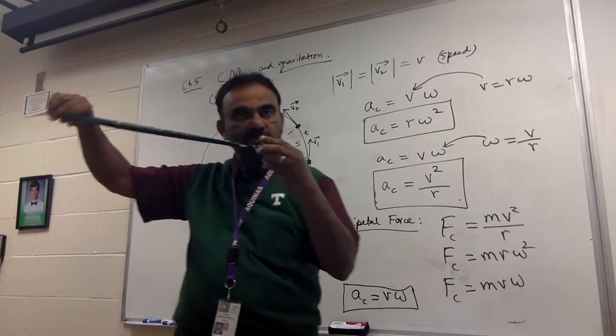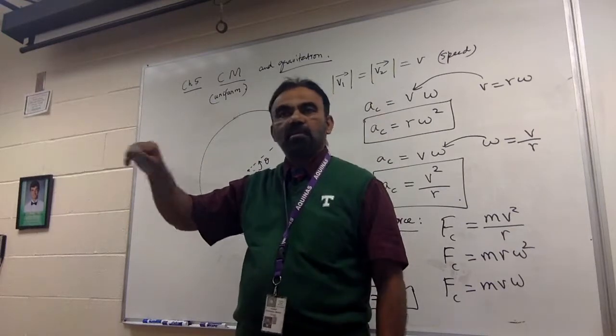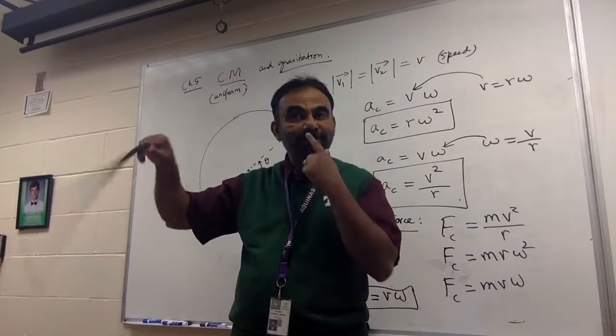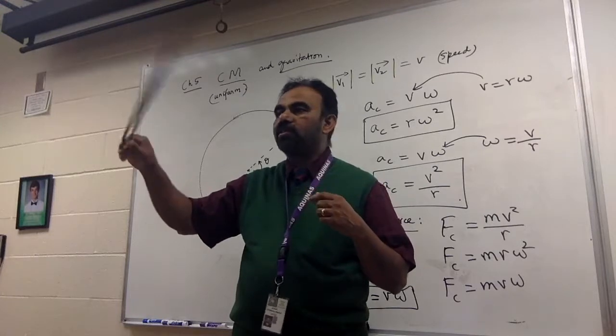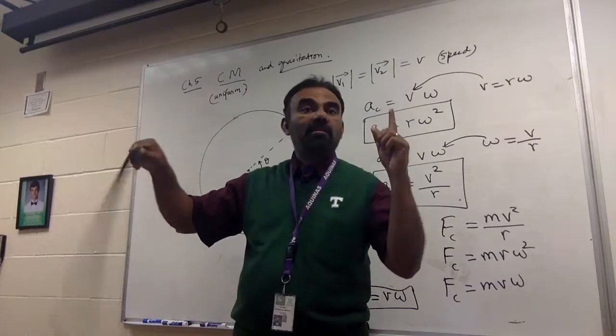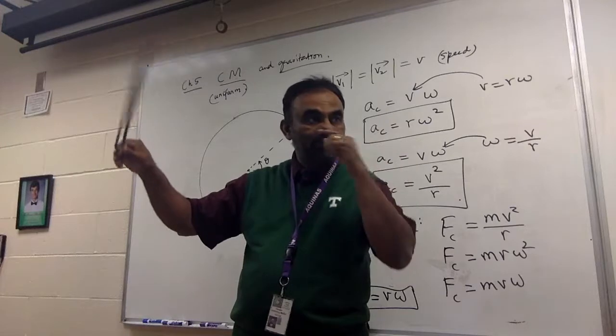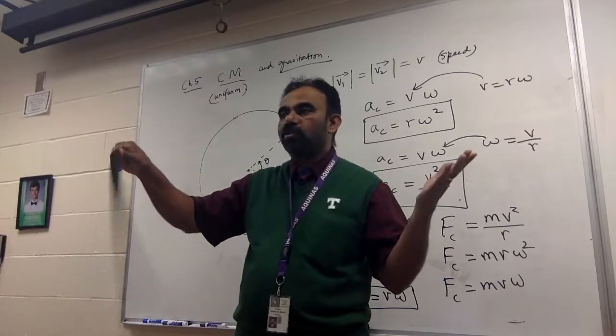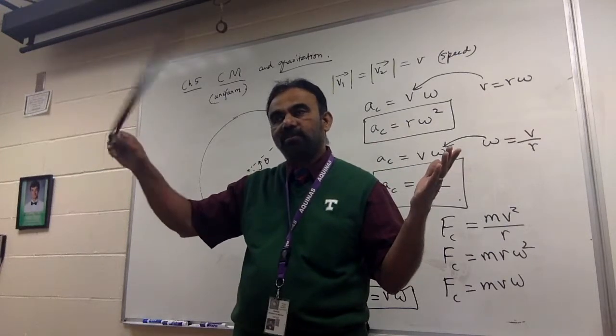Look at these keys. The keys are now going in circular motion, right? What is keeping this key in circular motion? It requires a force. What is providing the force here?